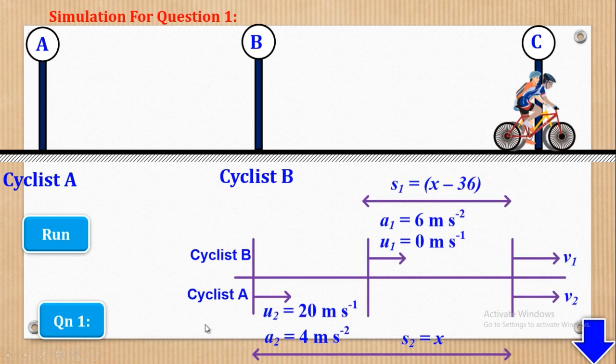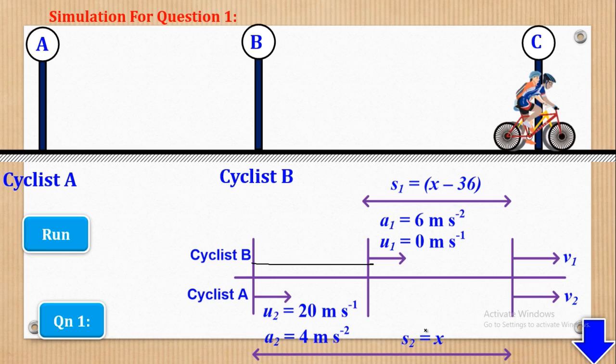So this is a sketch which is summarizing the information that has been given and what has come up from the simulation. Cyclist B starts from this point, cyclist A starts from this point, and the distance apart is 36 meters. Therefore, if cyclist A moves a distance x, that means that from A to C is x meters.